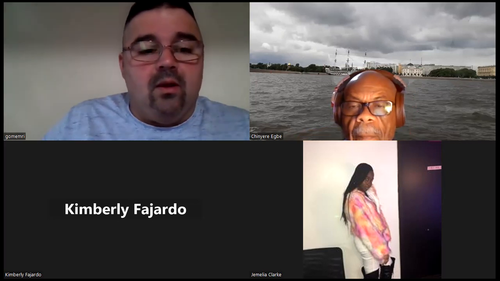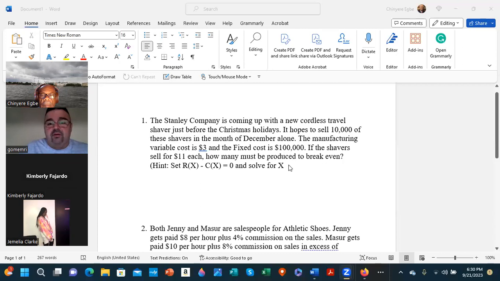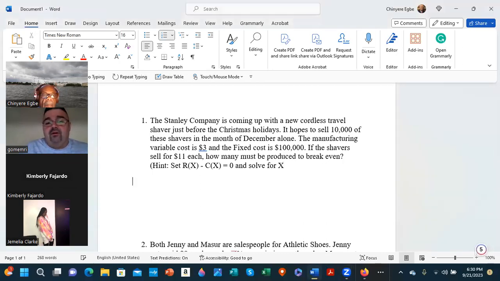Divide that by 4. I know this might be a dumb question, but if I put shavers instead of x, just for me, I get confused when you use so many different letters representing the value of what we're looking for. Sometimes it doesn't make sense.